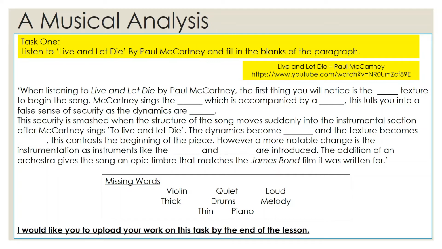This contrasts the beginning of the piece. However, a more notable change is the instrumentation, as the instruments like what and what are introduced. The addition of an orchestra gives the song an epic timbre that matches the James Bond film it was written for. So that's the paragraph, and you can see the blanks there.